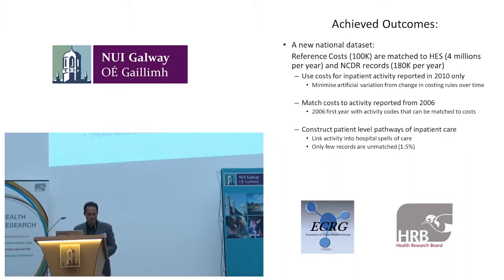And one of the reasons for doing so is to minimize the artificial variation over time in the cost of each HRG, which is not generated by, for example, technological progress or increments in efficiency, but rather by variation in the accountancy rules that allow the hospitals to allocate total costs to single services.